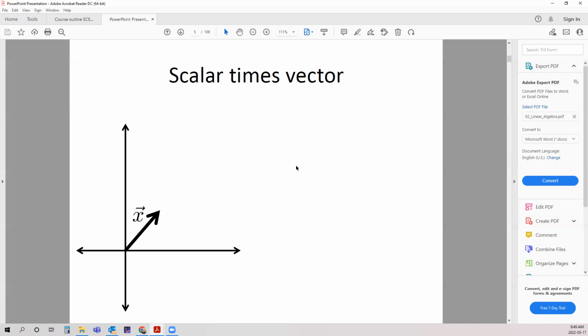If we have a vector x, we multiply it by a, a certain number or scale, and the vector x becomes larger, at a larger scale.